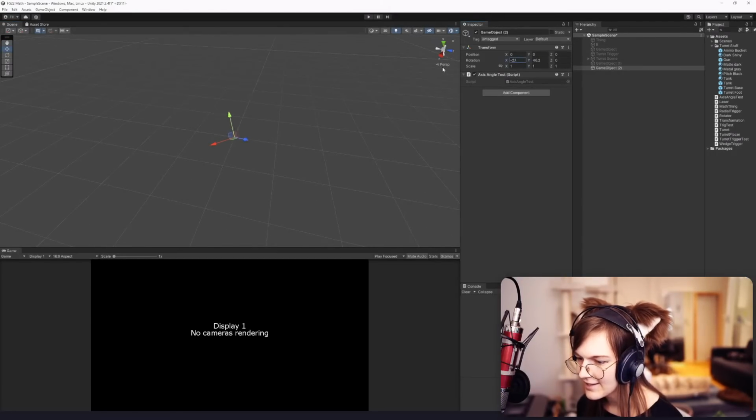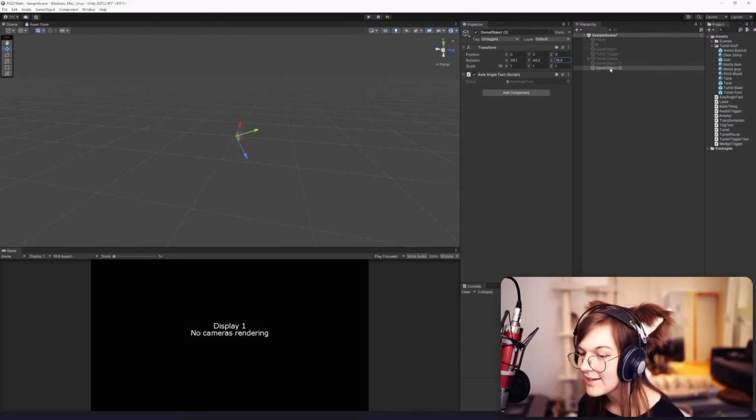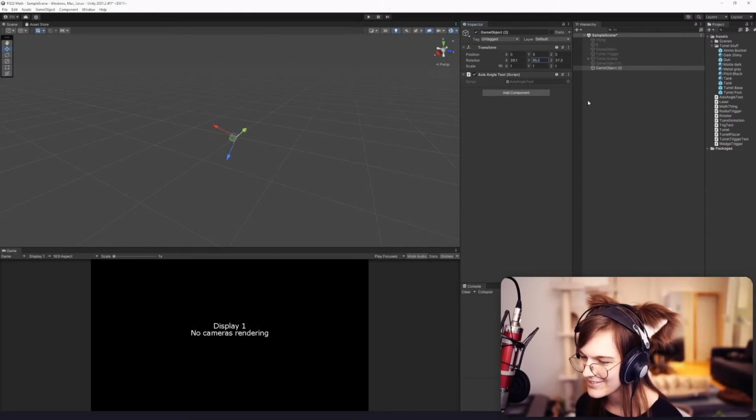So if I increase x, you can see that it's now rotating around x. And then if I want to rotate around z, I edit z, and now it's rotating around the z-axis. It specifically works like this because I edited them in this order. But if I now change the y value, it's going to be a little bit confusing to interpret, right?